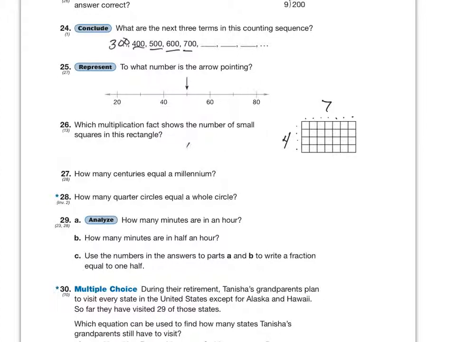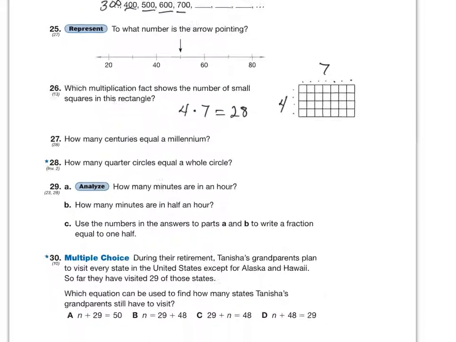I'm using a dot instead of an X because that's where it goes. 4 times 7 equals, and we need to have the total number inside. It should be 28. So it could be that, or it could be 7 times 4. It doesn't matter.